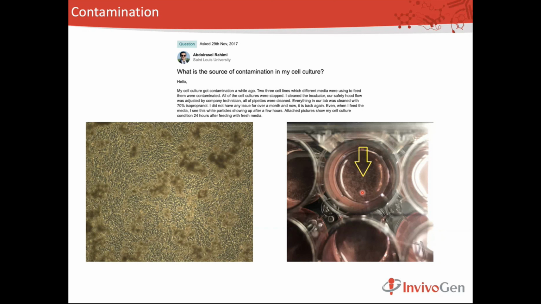Same thing for naked eye inspection. Sometimes in the cell culture medium, you may see some cloudy material. These are signs of contamination, and this is probably the worst thing that can happen to your cell culture.